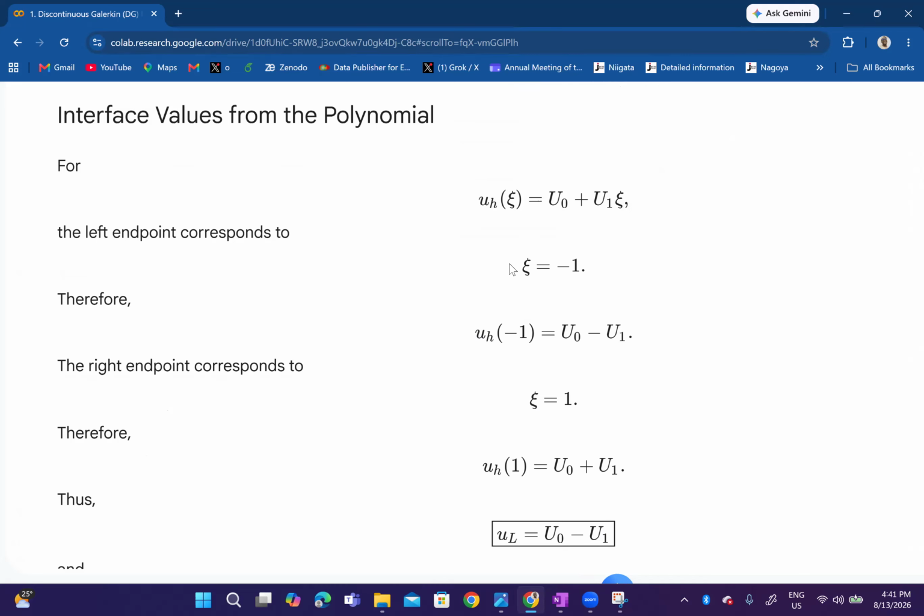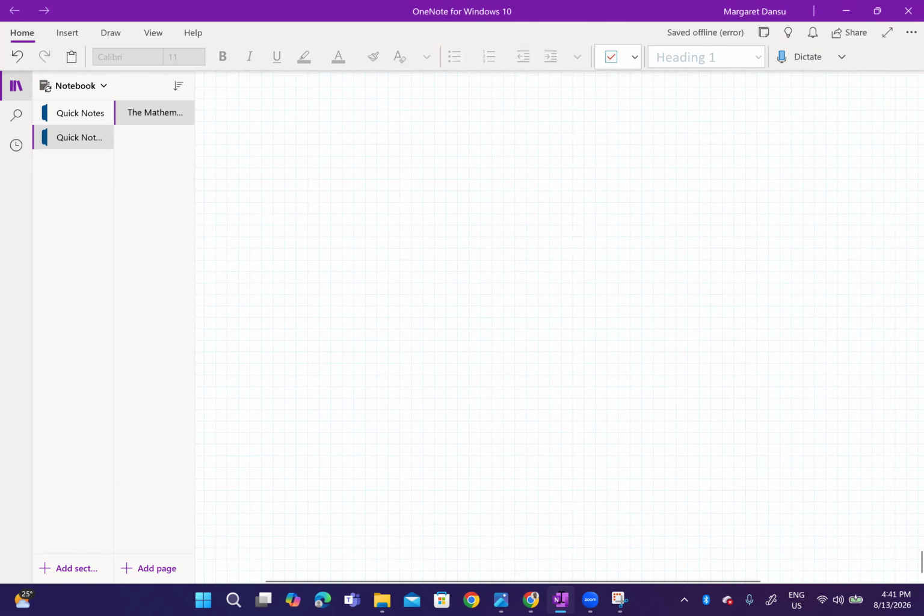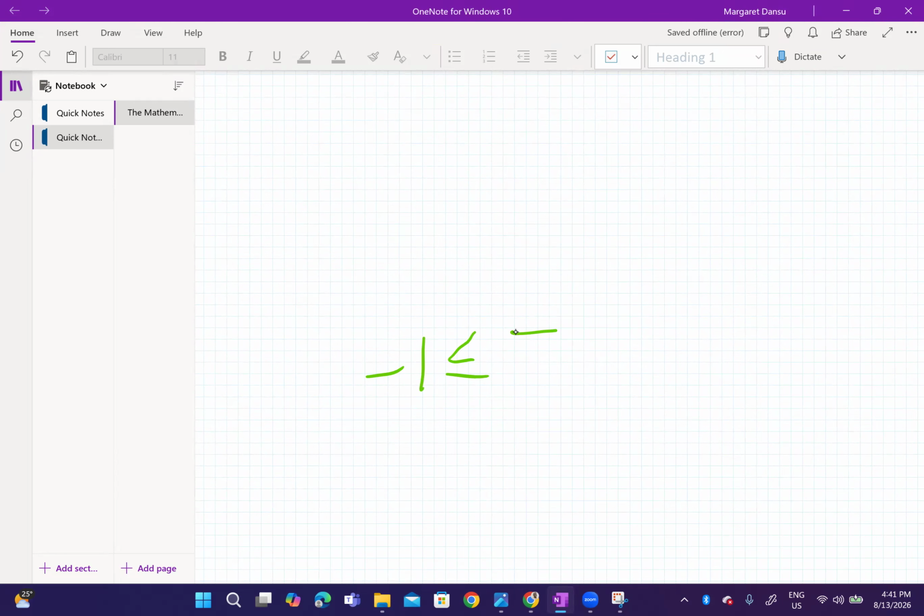For the left endpoint, in case you've forgotten, we said -1 is less than or equal to psi, which is less than or equal to 1. So this is the left endpoint and this is the right endpoint.